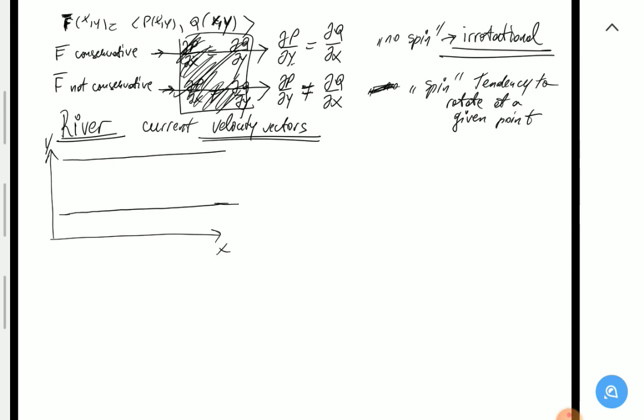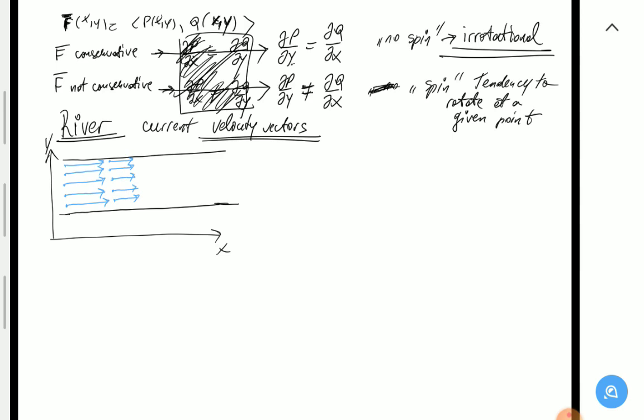So let's say for a given x, the velocity is exactly the same in magnitude and parallel to the x-axis. But as you increase x, it's also the same but shorter. The same with respect to y, that's what I'm talking about, right? So as you change y, the velocity in magnitude is the same.